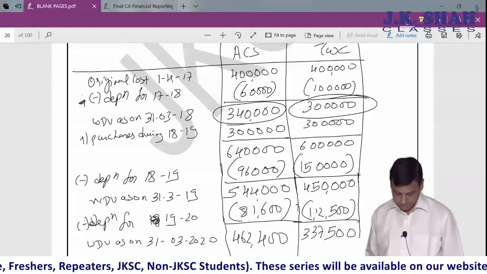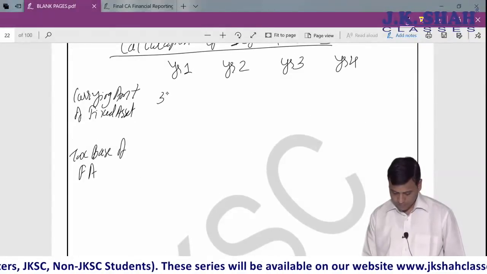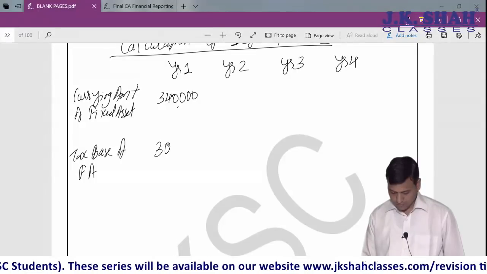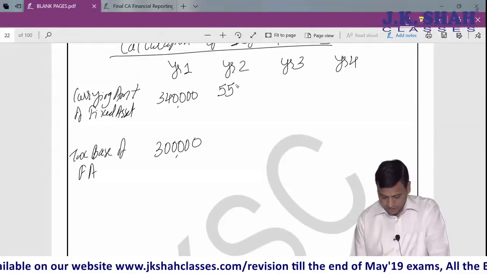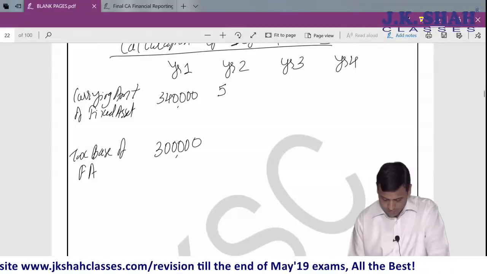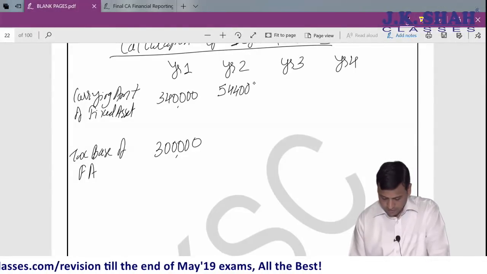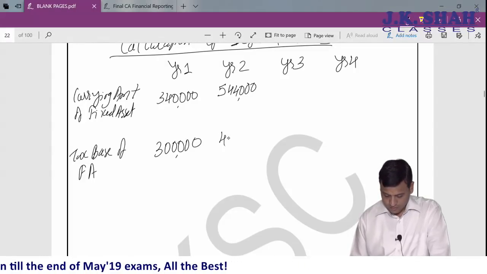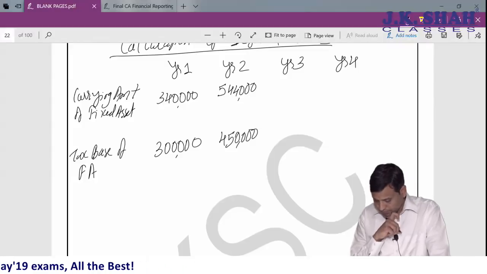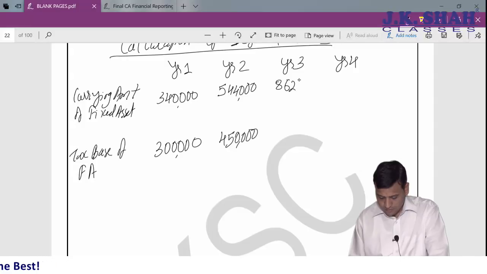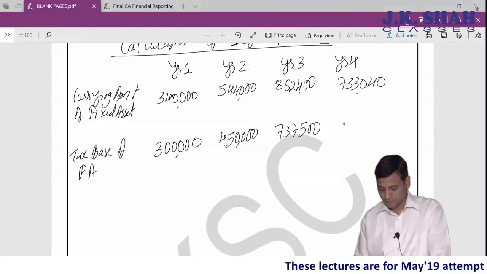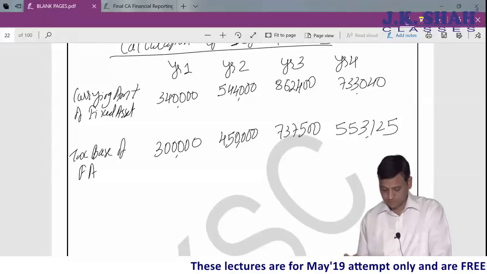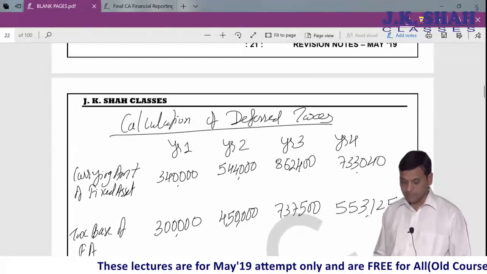Then 5 lakh 44,000 and 4 lakh 50,000. 860,400. 737,500. 733,040. 553,125.